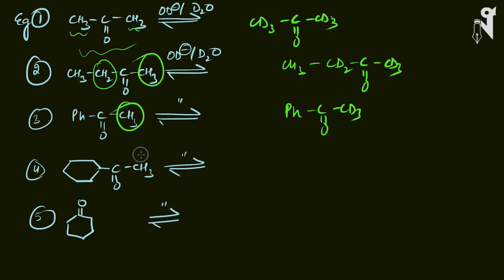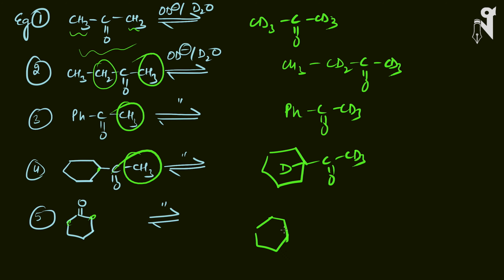Here again you have replaceable hydrogens and one here, so it will form D over here, C double bond O, and CD3. And in this case, here are your replaceable hydrogens, so it will form double bond O, D2 here, and D2 here. This is how exactly you will write the answers when the reaction is taking place in the presence of OD minus and D2O.